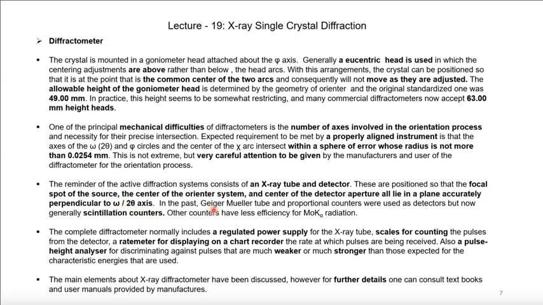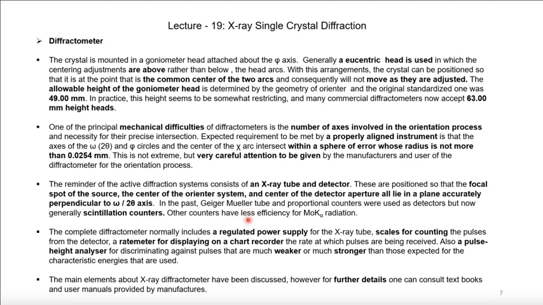Okay, we used to use a Geiger-Müller counter or proportional counter to get the data, but nowadays scintillation counters especially are used. This counter is more efficient, and we get the relative intensity a little bit better.